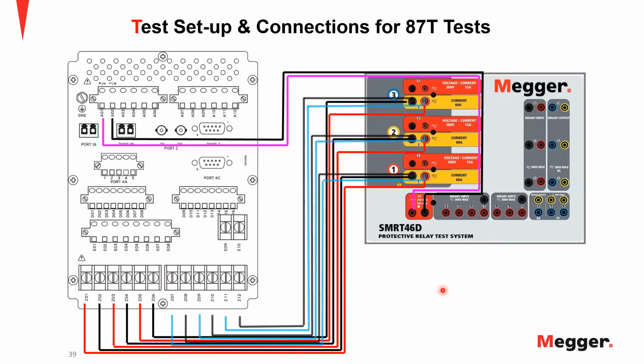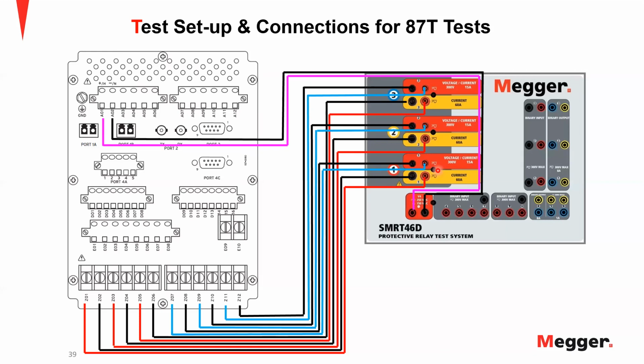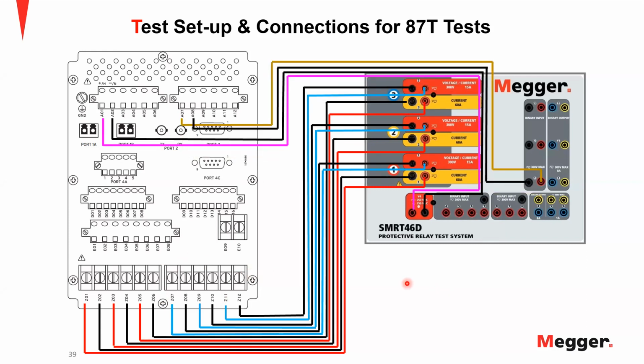And the next connection is that I'm utilizing the red colored channels, which are voltage converted current channels. These are the current channels that can be used to provide currents to the winding 2 terminal on your relay. And the last connection is that I have a binary input that is connected to an output contact I'm using today to monitor the output contact operation.